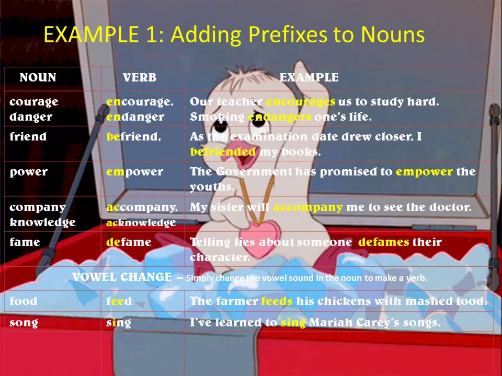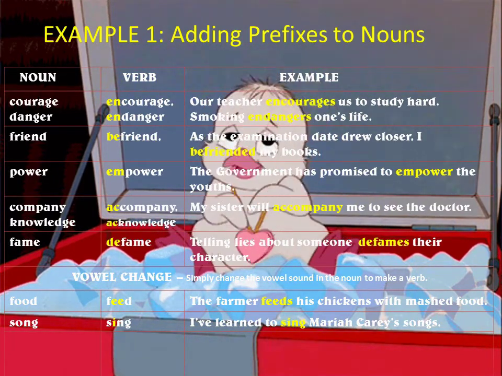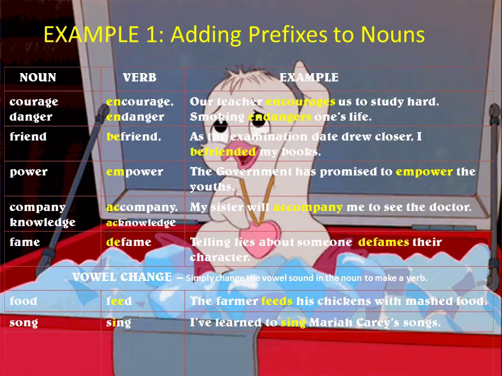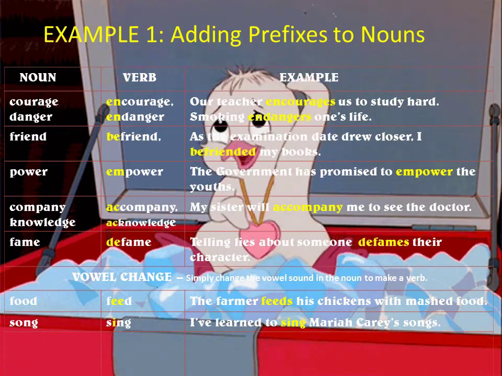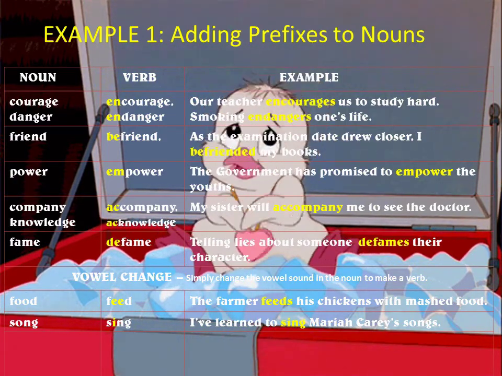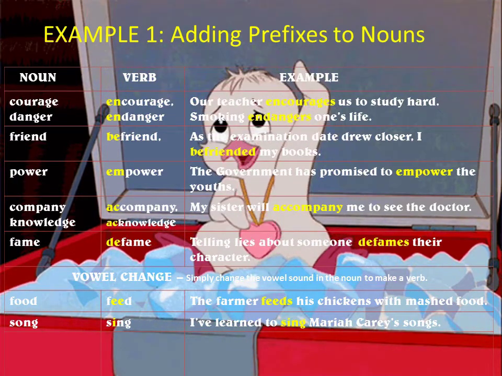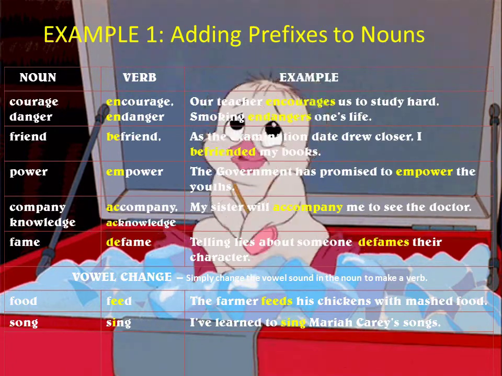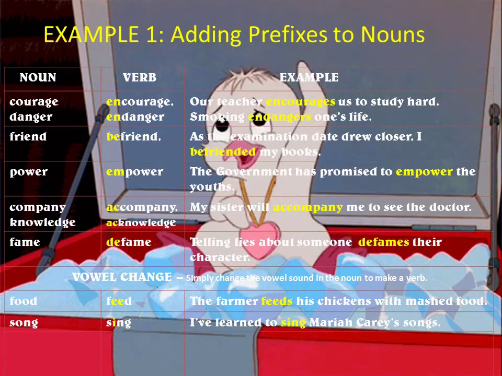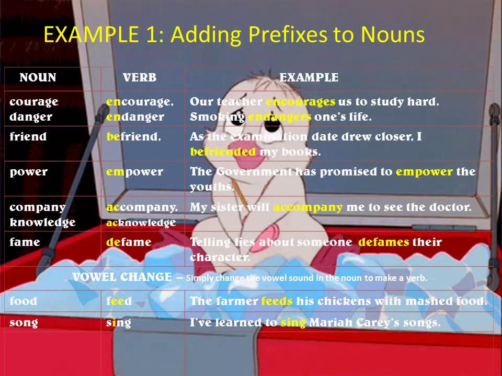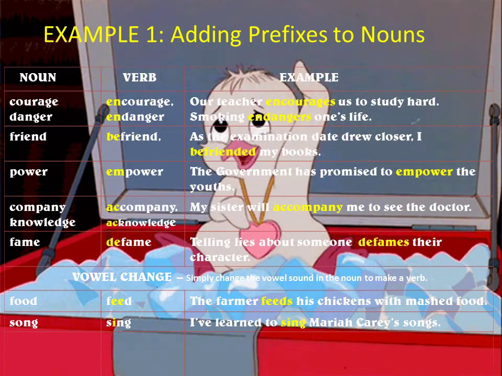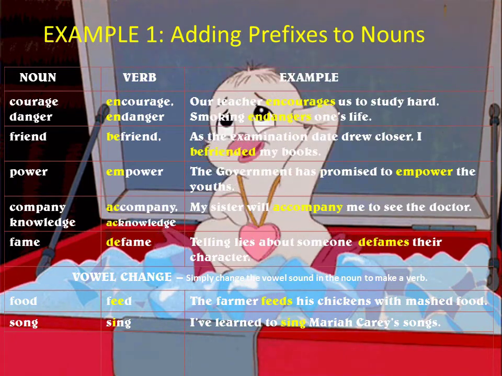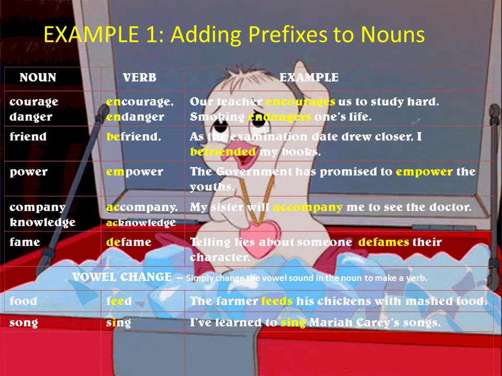In example 1, we are adding prefixes to nouns to make them become verbs. And right on the first box there, you find out the words I listed are just nouns. Right on the second box, the words I have there are verbs. Then the third box just contains examples that will help us understand the process.